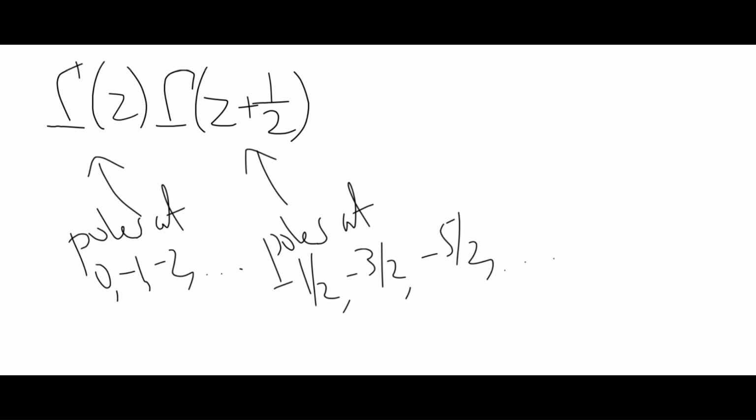So altogether, when you multiply them, you get a function whose poles are at every non-positive half integer. That's kind of a mouthful. But what that suggests is that it should be related to gamma of 2z. That's another function with the same poles.